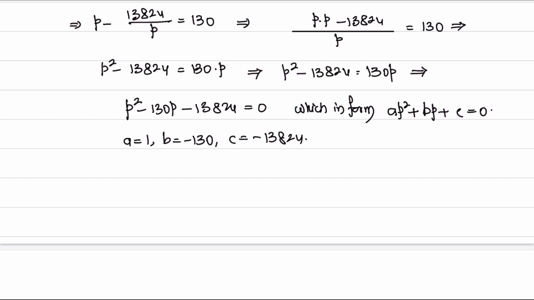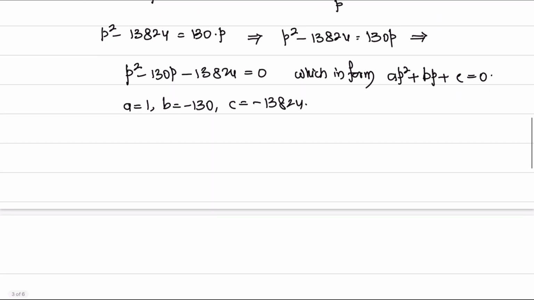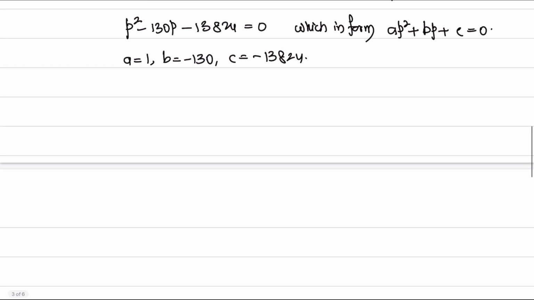For a quadratic equation, the value of the roots will be p is equal to minus b plus or minus square root of b square minus 4ac by 2a.